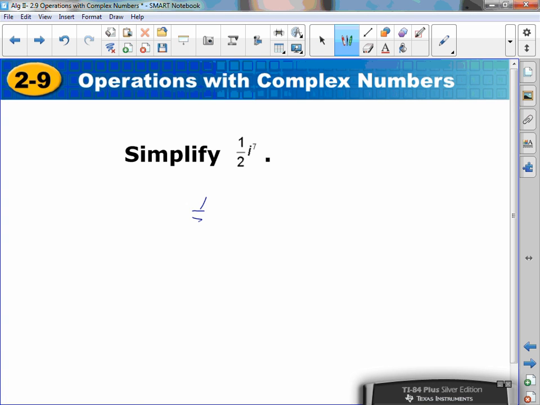Now, the 1/2 isn't going to go anywhere. If I look at the i to the 7th, what's 7 divided by 2? 3.5. So it's 3 and 1 left over. So there's 1 i left over. Is 3 odd or even? Odd means I have a negative. -1/2 i.